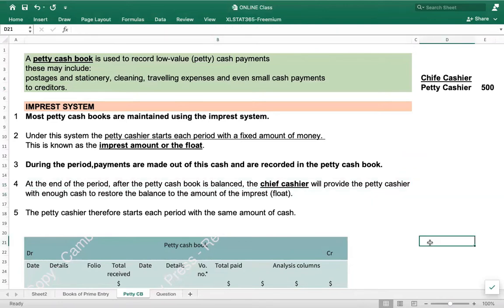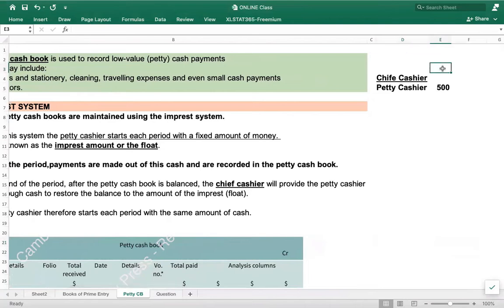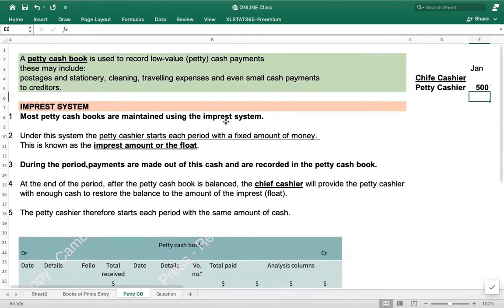Now read out the fourth point. At the end of the period, after the petty cash book is balanced, the chief cashier will provide the petty cashier with enough cash to restore the balance amount of imprest, the float. Now understand this. Suppose there is a month, January. How much money did the petty cashier get? $500, right? During this month, he made all the small payments and recorded them in the petty cash book.